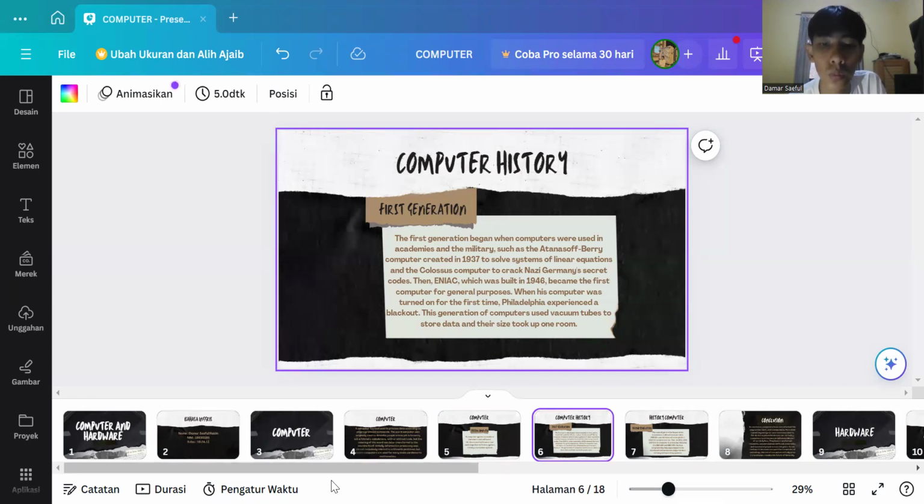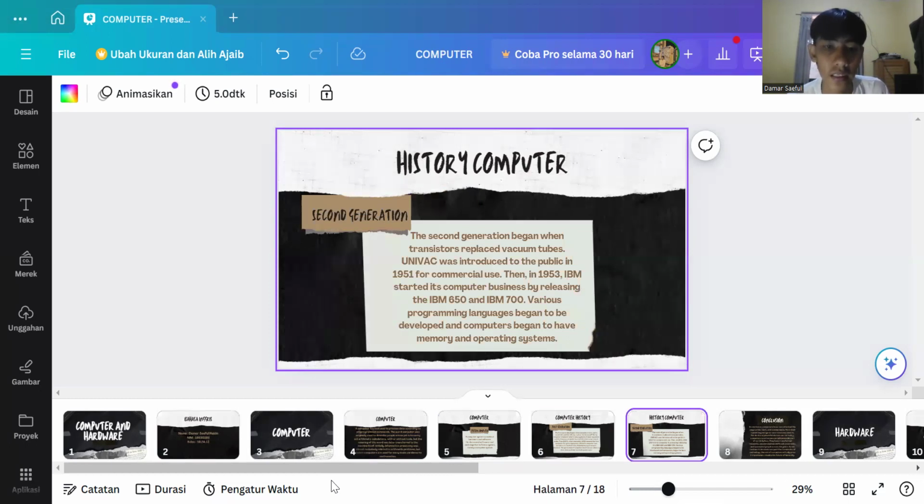Then ENIAC was built in 1960, becoming the first general-purpose computer. When it was turned on the first time, Philadelphia experienced a blackout. The first generation of computers used vacuum tubes to store data, and their size took up one room.